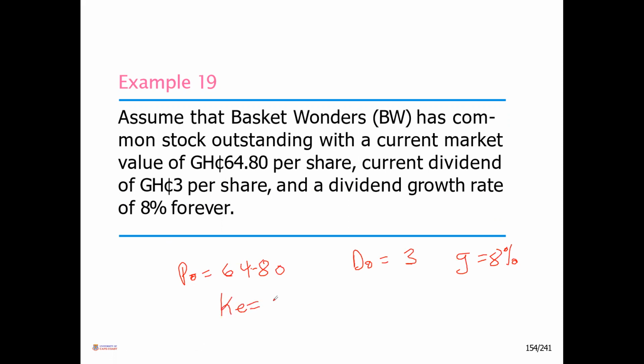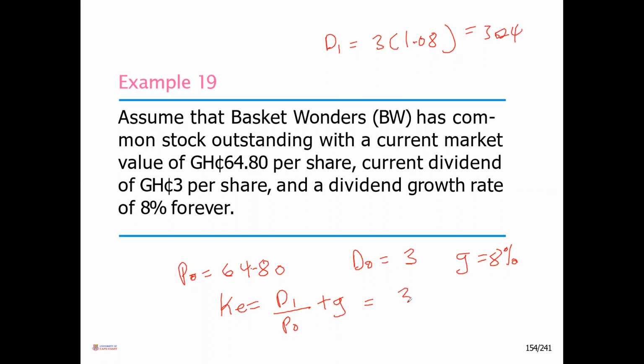It means that the formula will be D1 over P0 plus g. And remember, the question gave D0. So to get D1, you have to do 3 into bracket 1 plus 8%, which is 1.08, because it will be 1 plus 0.08. So that will be 3.24.